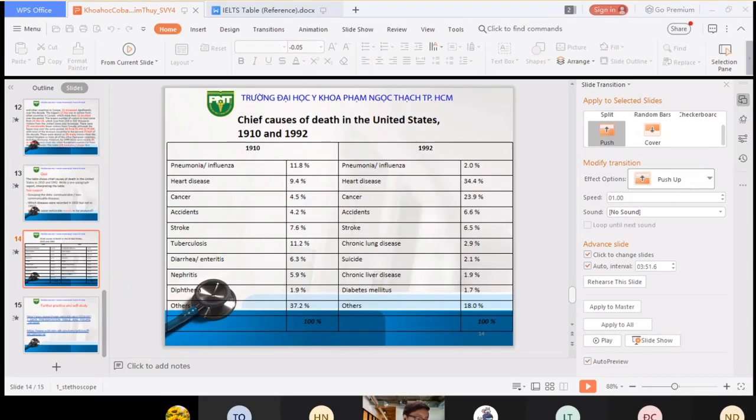Moreover, nearly one-tenth of people die from heart disease. Yes, very good. So heart disease, we have 9.4%.